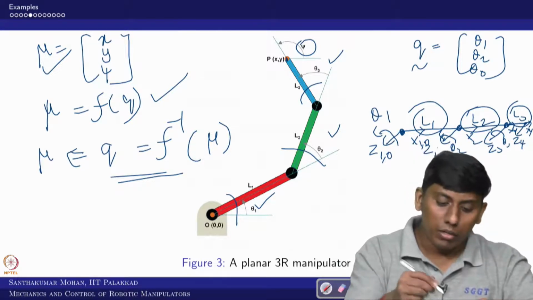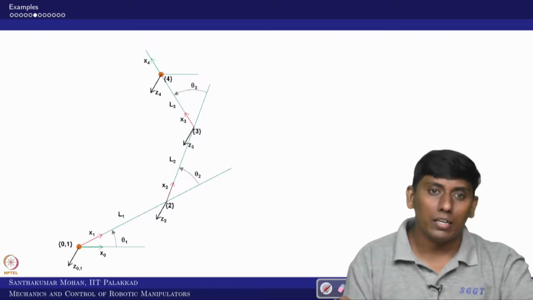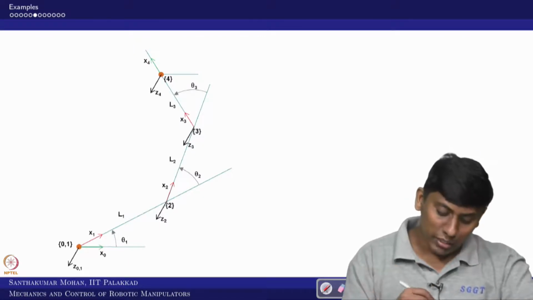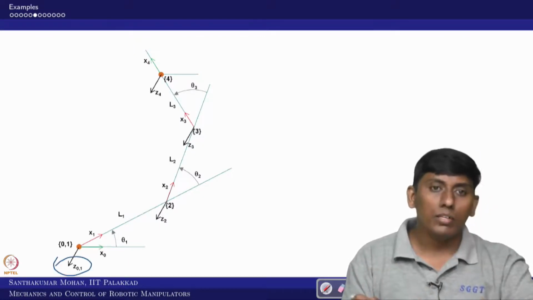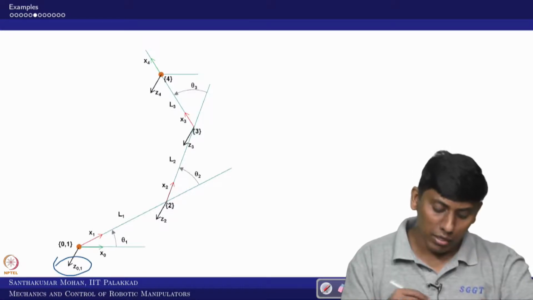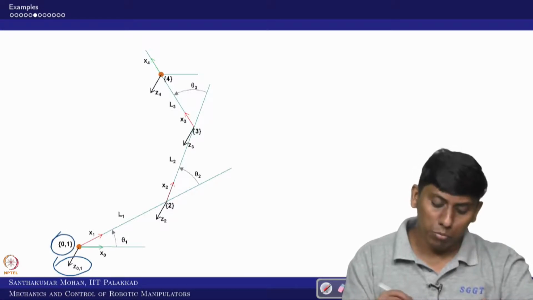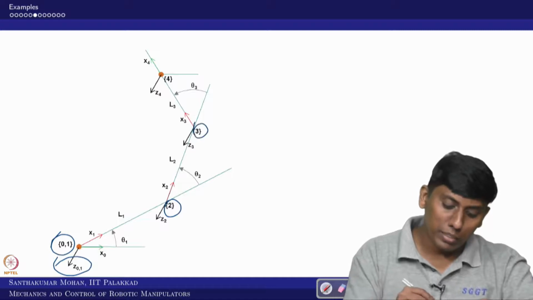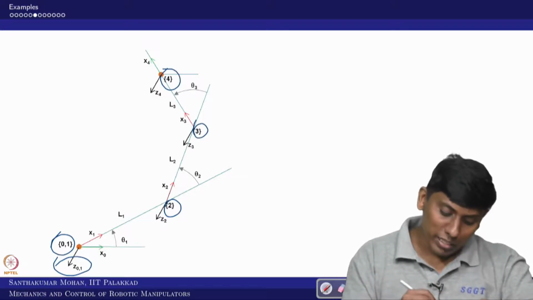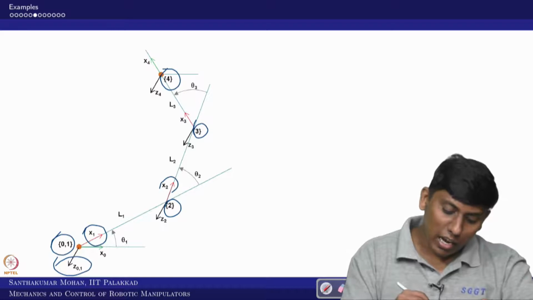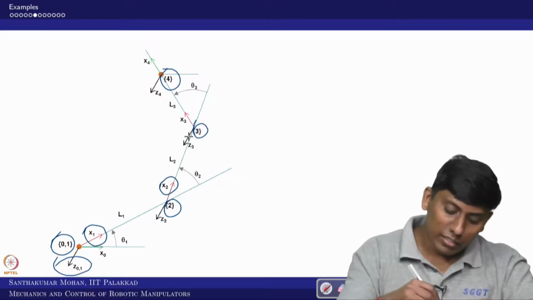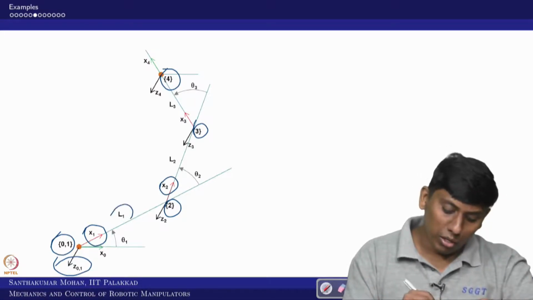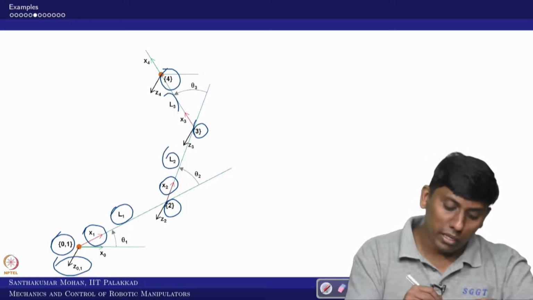For benefit, I just drew that with some angle. You can see this is Z0 and Z1, where this is frame 0 and 1, this is frame 2, frame 3 and frame 4, where you can see each x axis is aligned with the link, and along this length you have link lengths L1, L2 and L3.